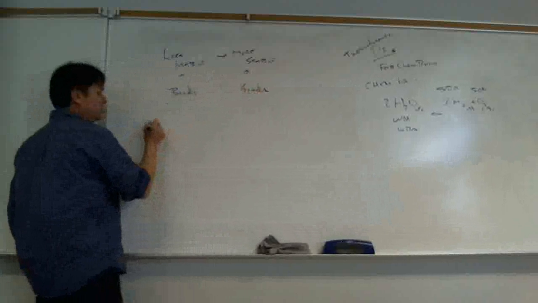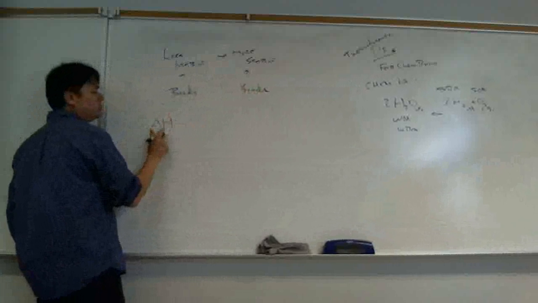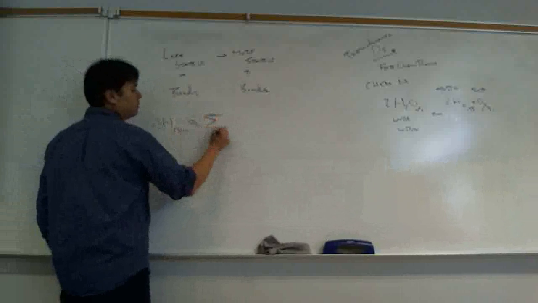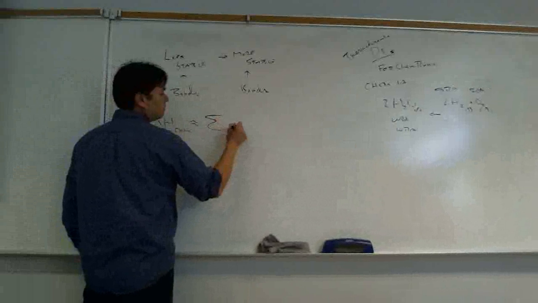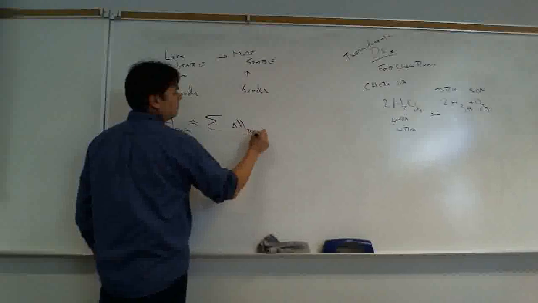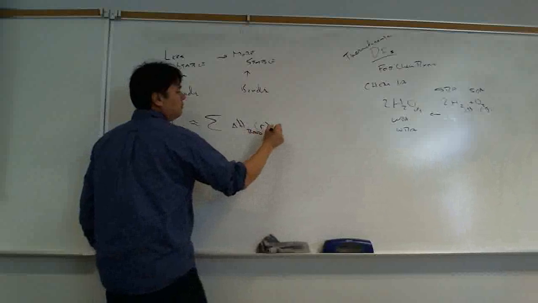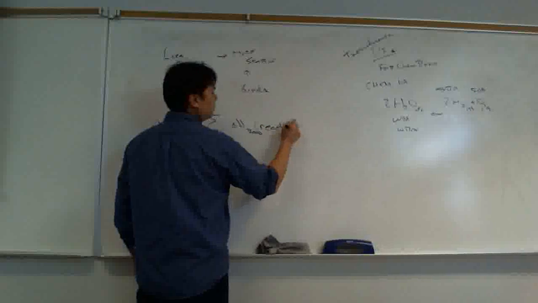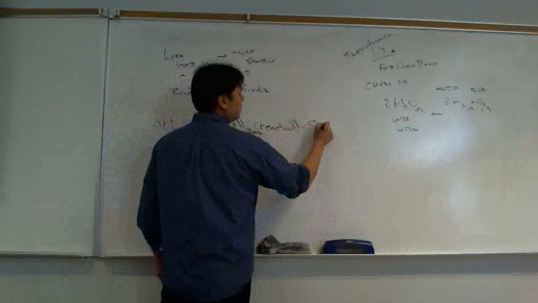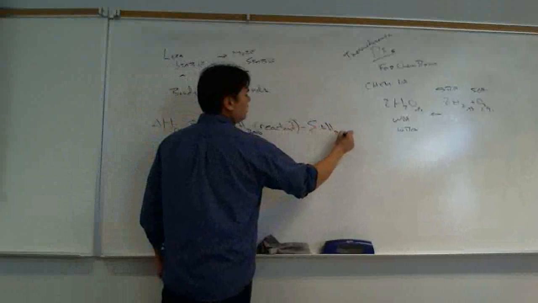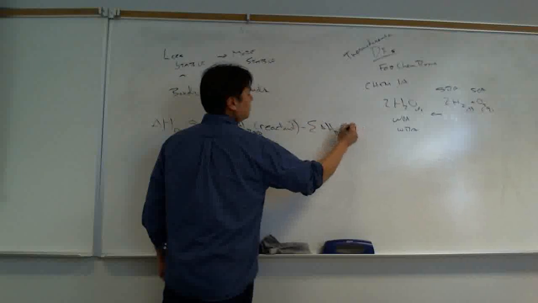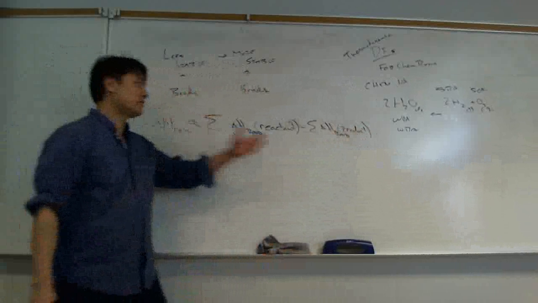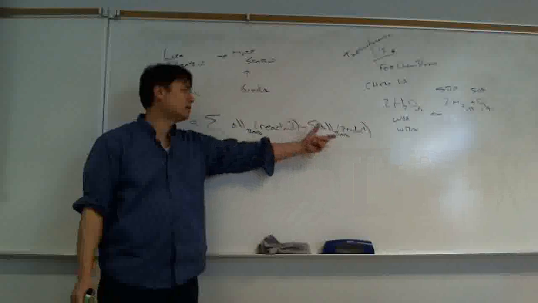And therefore, back in chapter 7, you have this equation. Delta H for the reaction can be estimated from the bond energies. If we sum up the bond energies for the reactants minus the sum of the bond energies for the products. So if the products have stronger bonds overall than the reactants, then this number is going to be bigger.